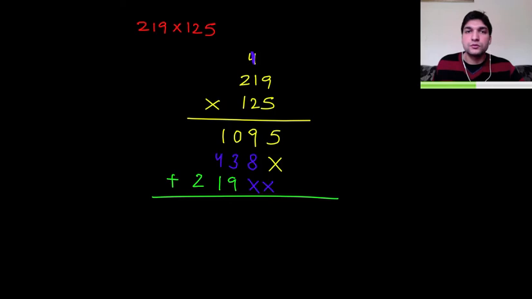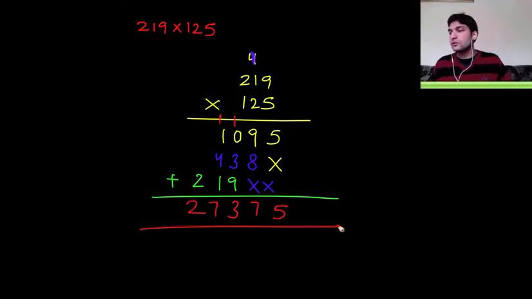Let's do red. So 5 plus 2 null values will be 5. 9 plus 8, everybody knows it is 17. 1 will be carried forward. Then 9 plus 1, 10 plus 3, 13. 1 carried forward. Then 4, 5, 6, 7. Then 2 as it is. So we got 27375 as our answer.